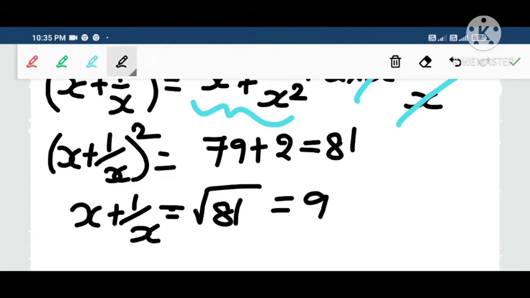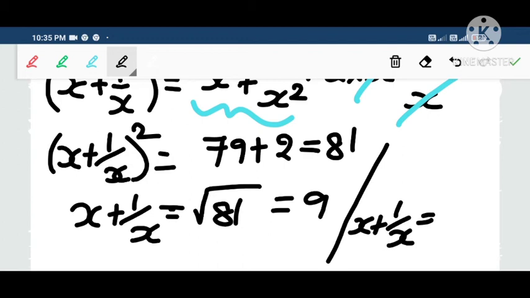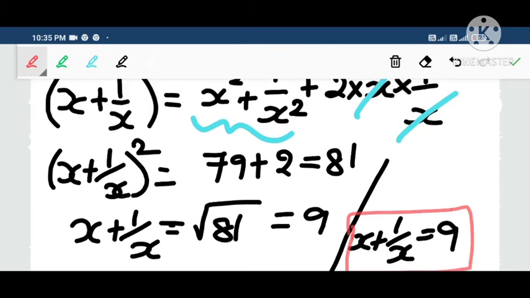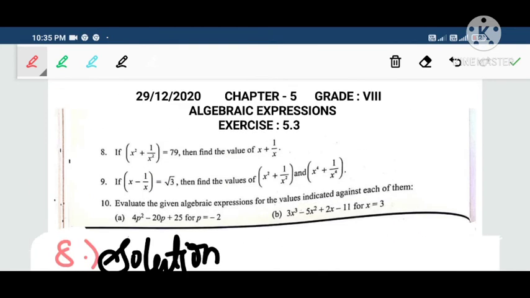So finally we get the value x plus 1 by x is equal to 9. So this is the final solution of the given question. By using the given value of x square plus 1 by x square, the value of x plus 1 by x is nothing but 9.